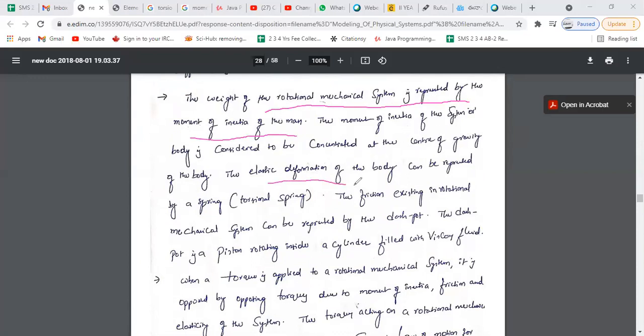The elastic deformation of the body can be represented by the torsional spring, similar to the translational system. The friction existing in the rotational system can be represented by the dashpot, similar to the translational system. The dashpot is nothing but a piston rotating inside a cylinder filled with some viscous fluid.